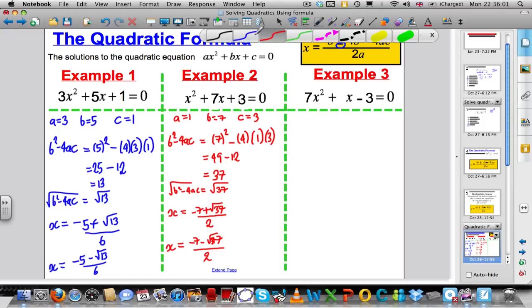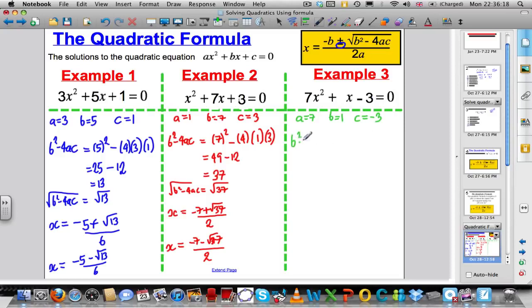Okay, last one. First step, 7x squared plus x minus 3. Let's write down our a, b, and c. a is 7, b is 1, c is negative 3.